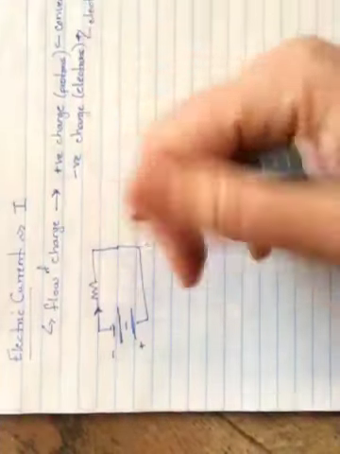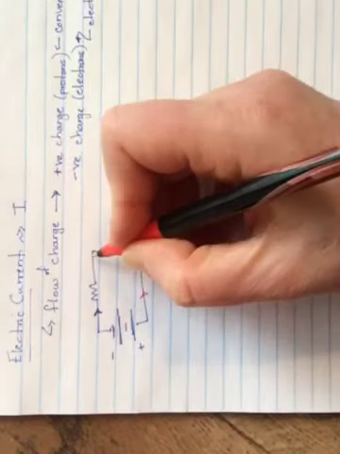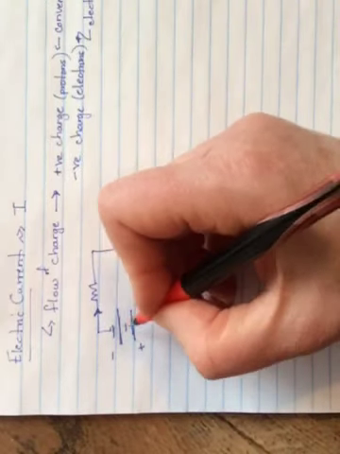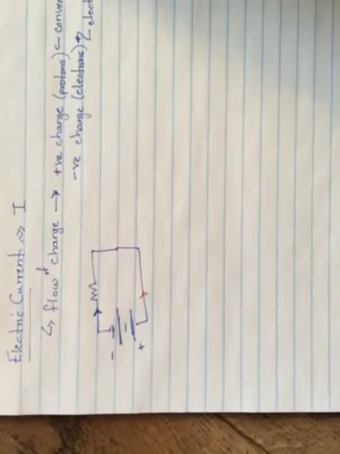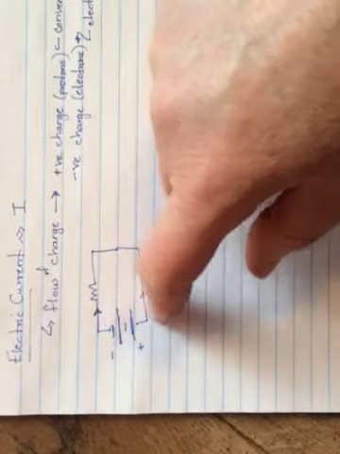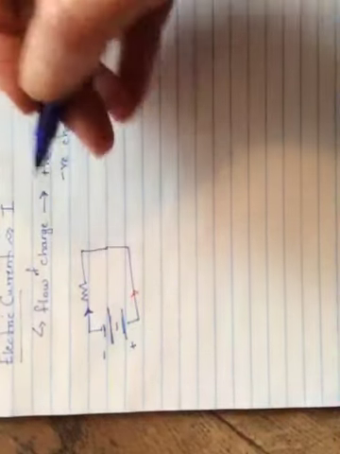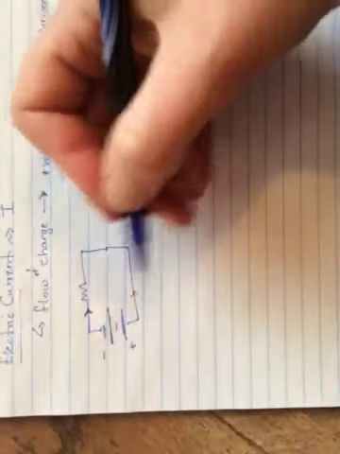For the people who use conventional current, they would see the current coming out of the long side of the battery, flowing through the resistor and coming back to the battery. So one way would have a positive charge, one way would have a negative charge. The electron is opposite, and those two changes just cancel each other out.